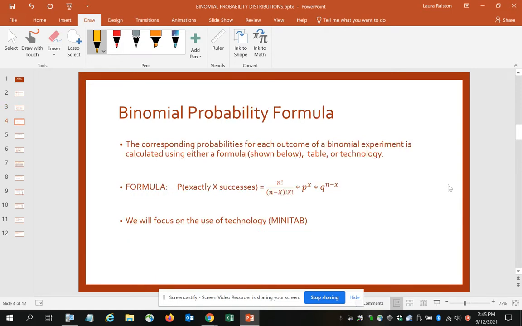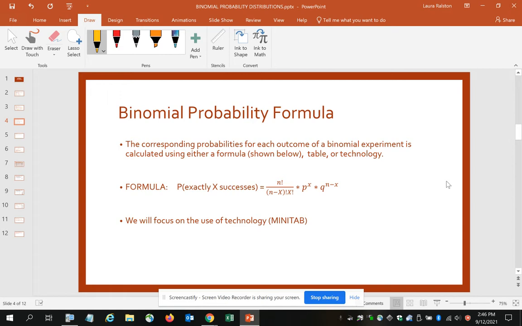So it's not convenient, it's a yucky formula, but we can calculate the corresponding probabilities for each outcome of a binomial experiment using a formula. There are also tables that will help us do it, or technology.